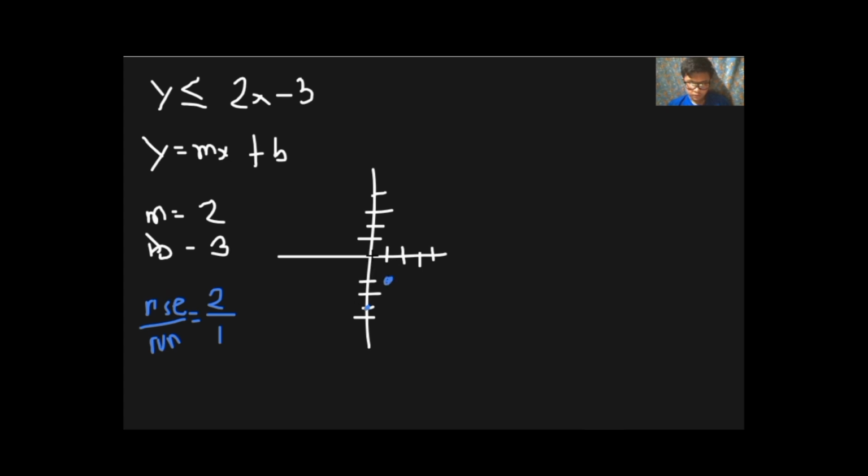As well here, rise 2, then run 1, and so on. The symbol we use is less than or equal to, so we're going to use the solid line. In this problem, y is less than or equal to 2x minus 3, so the shading part will be below.